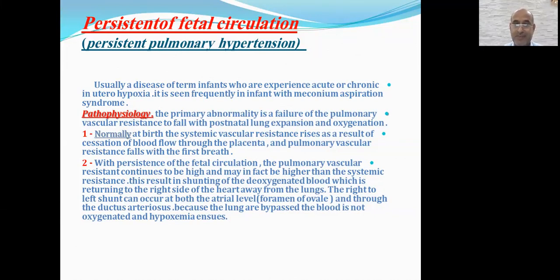The shunting may occur in two ways: through the foramen ovale or through the patent ductus arteriosus.